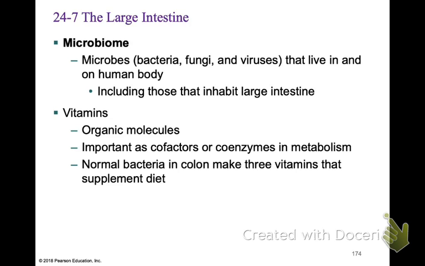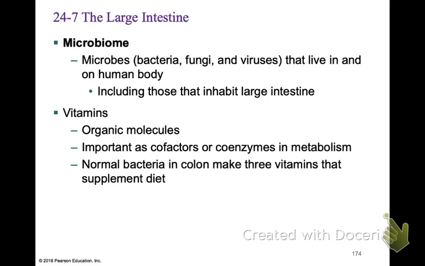The microbiome is all of the microbes, bacteria mostly, some fungi, some viruses. And the ones that are in the intestine are called coliform bacteria. These are things like E. coli. But there's lots of different coliform bacteria. Most of the time, they're not just harmless, they're actually helpful.